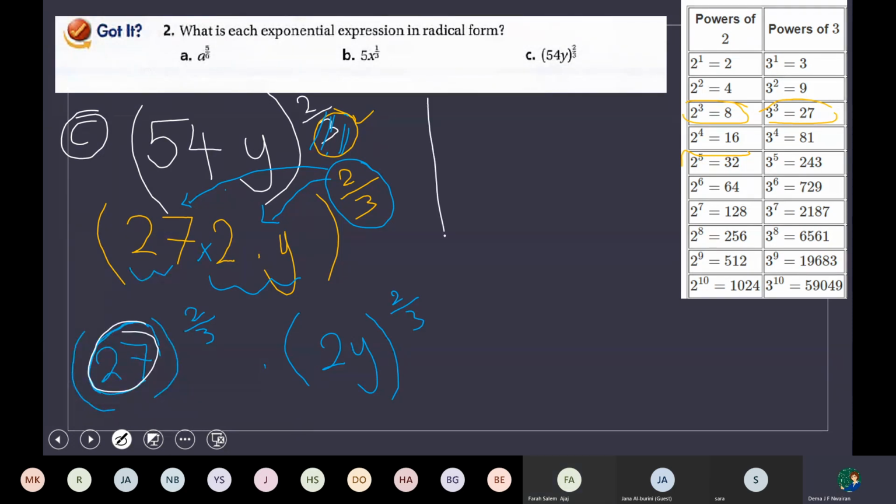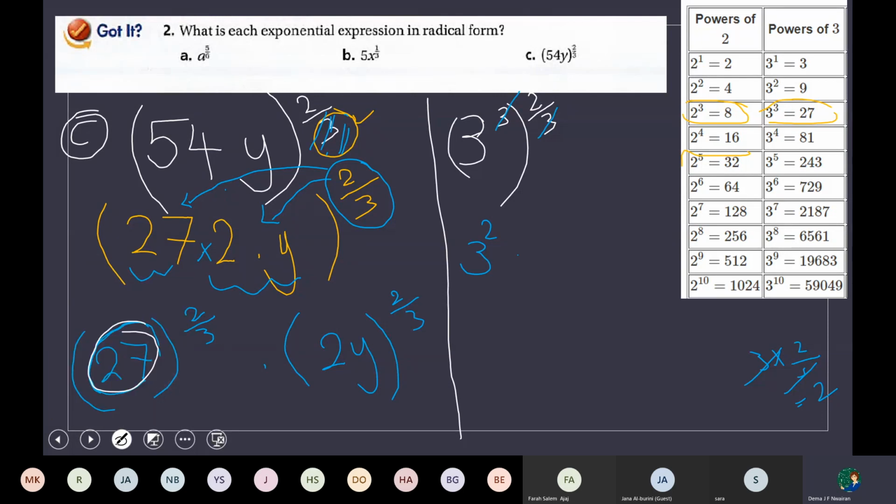I now rewrite it as 3 raised to the power 3, raised to the power 2 over 3. Then 3 cancels 3, because 3 multiplied by 2 over 3, after simplifying, gives 2. So here you have only 3 squared.